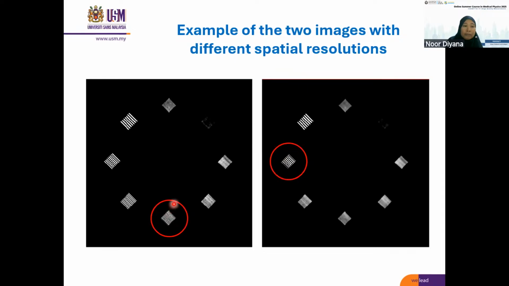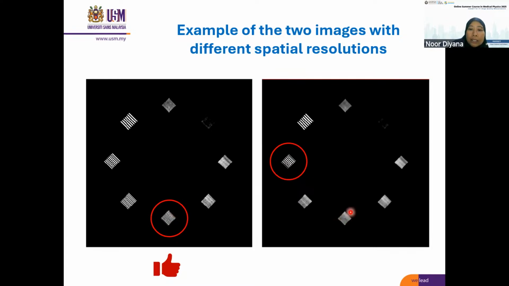On the left you can see up to 4 groups, but here you can only see 2 groups. So this system has better spatial resolution because you can see more line pairs compared to here.